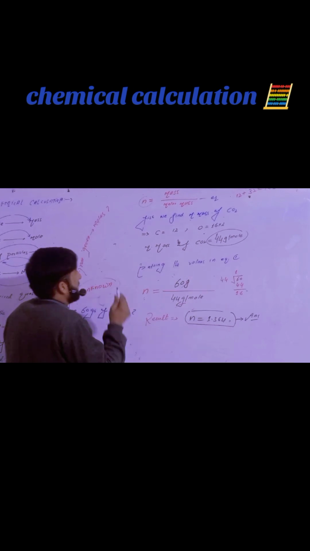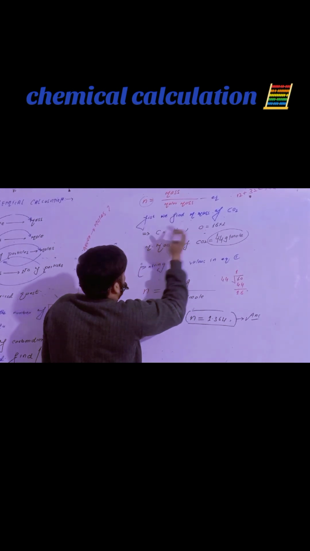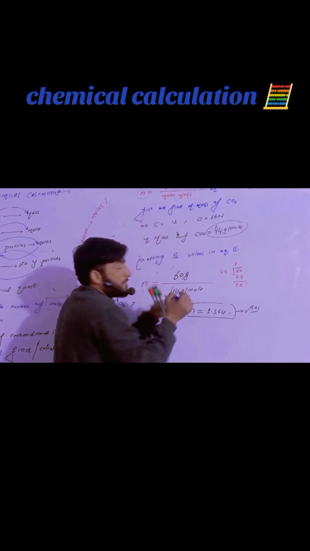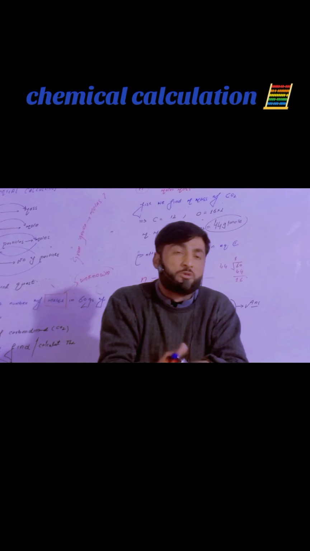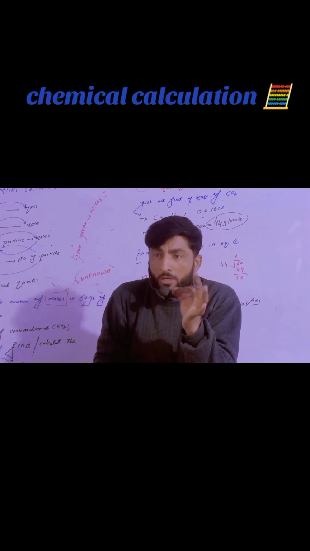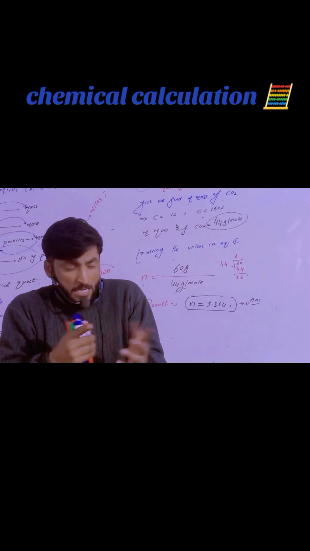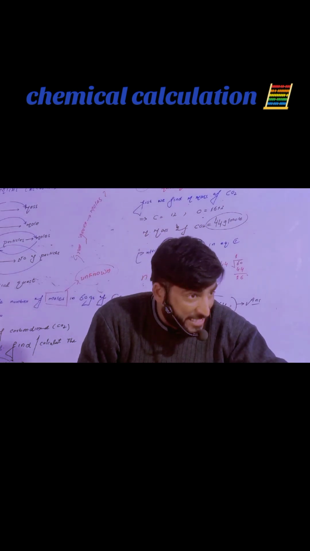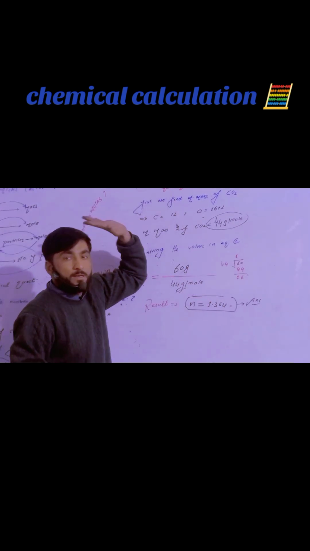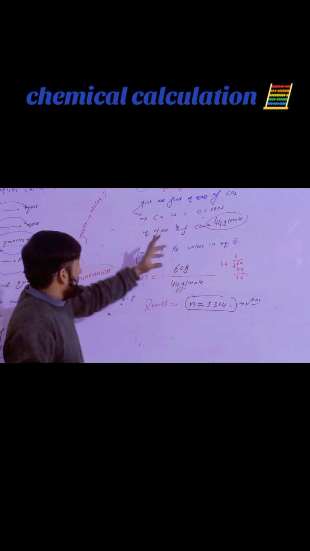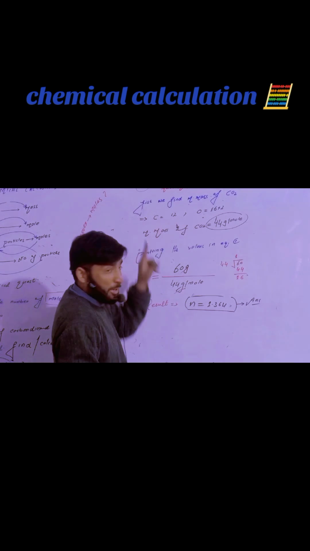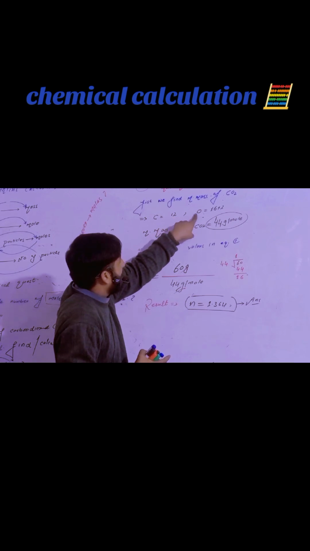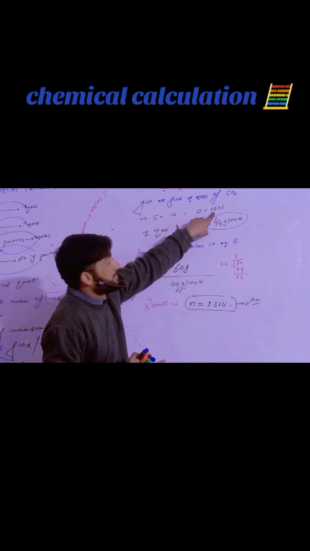Now we will find the molar mass of carbon dioxide. If you find the molar mass of some molecule, what does it mean? The sum of the atomic masses present in the molecule is known as the molecular mass, or molar mass. How can we find it? Carbon has atomic mass 12 and oxygen has atomic mass 16.